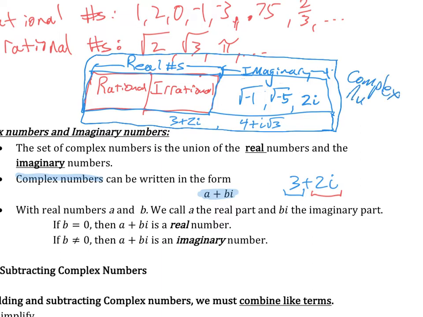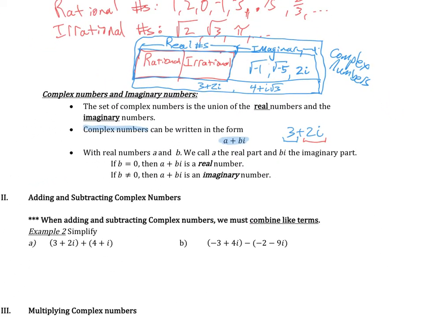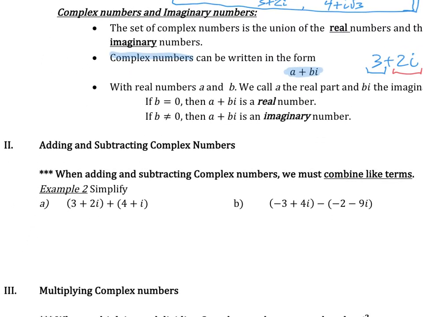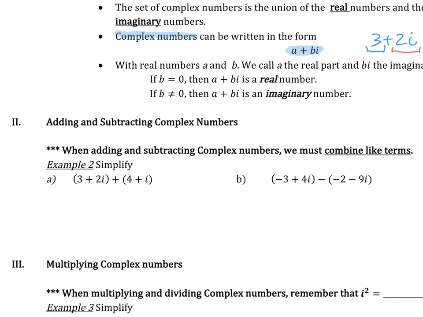So in the world of complex numbers, we can have some that have a real part and an imaginary part, or we can have numbers that are just imaginary or numbers that are just real. All right? So complex is kind of the biggest world of numbers that you'll probably ever deal with. All right? So these are what we call complex numbers. Okay? That can be either real, imaginary, or have both parts. So let's see how we work with complex numbers.